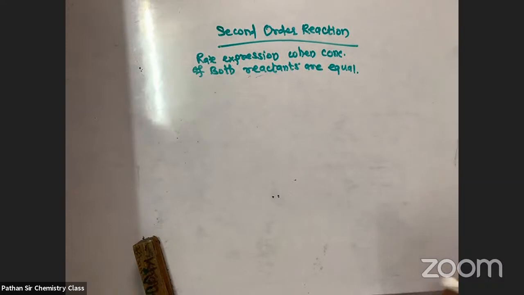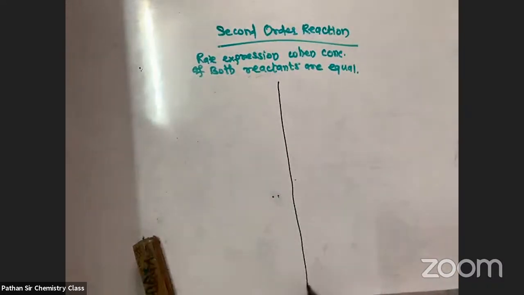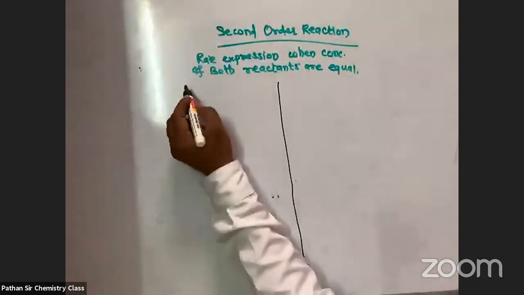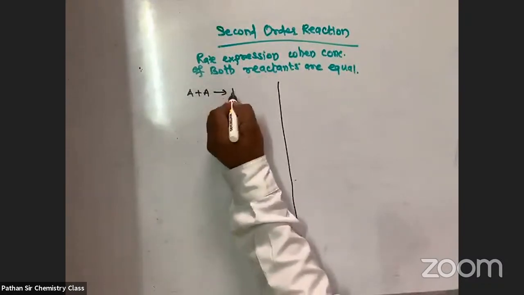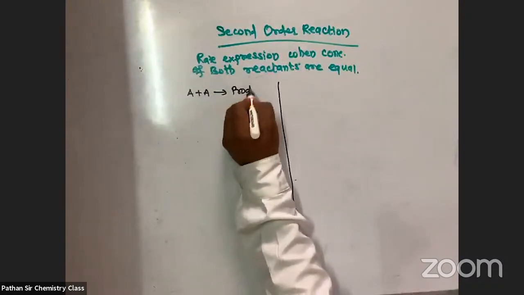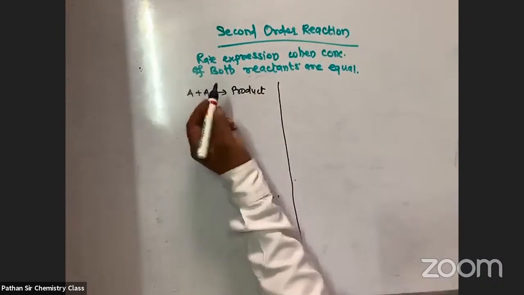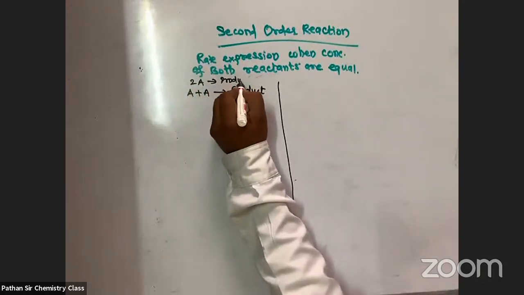Okay, see, for example, now see it's a derivation. Now it is A plus A gives product. It is a second order reaction. A plus A give product असेल किंवा 2A give product असं सुद्धा लिहू शकतो, no problem with that.